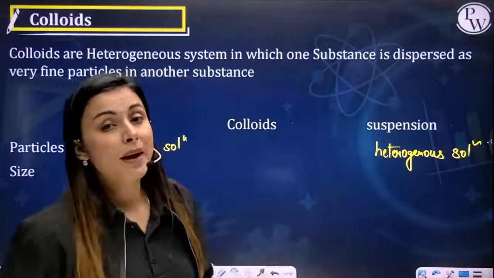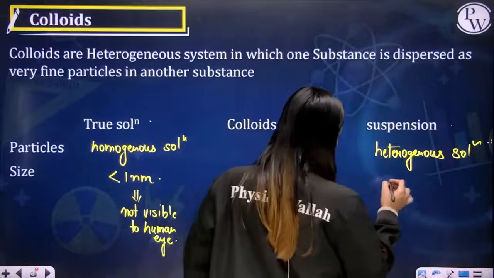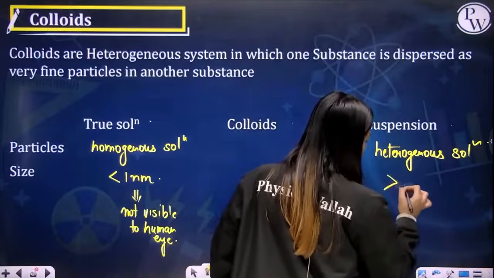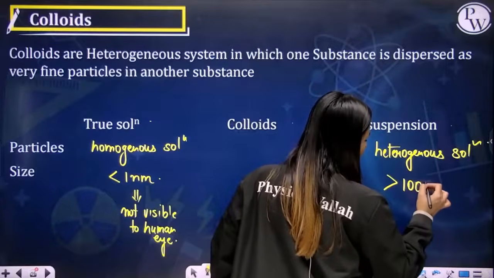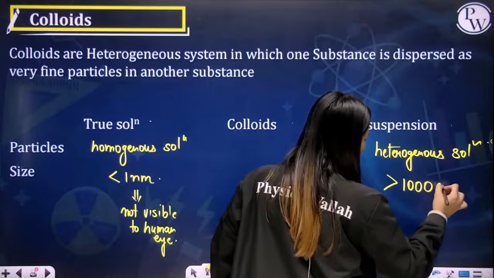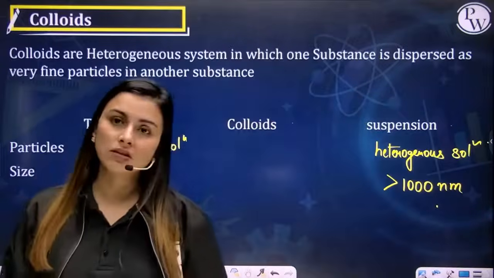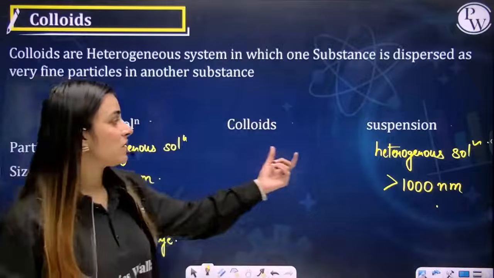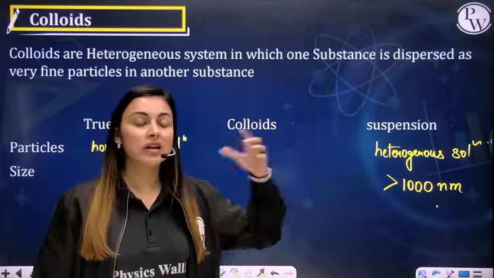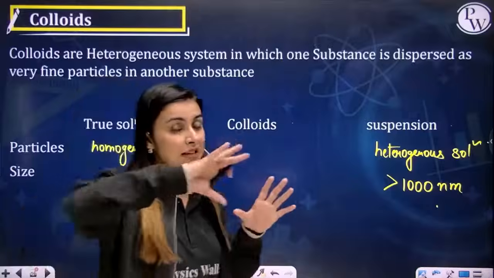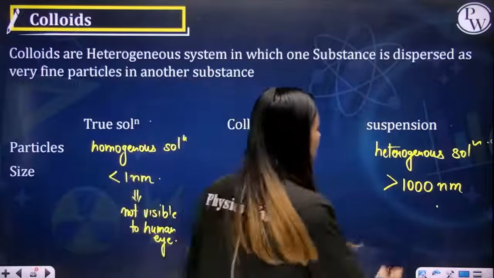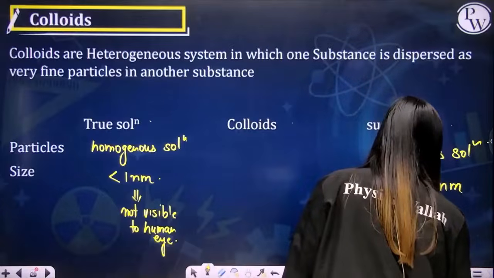The particle size here is more than 1000 nanometers. So this is what is known as your heterogeneous solution, and it is visible to the human eye. We can see the sand and water differently.